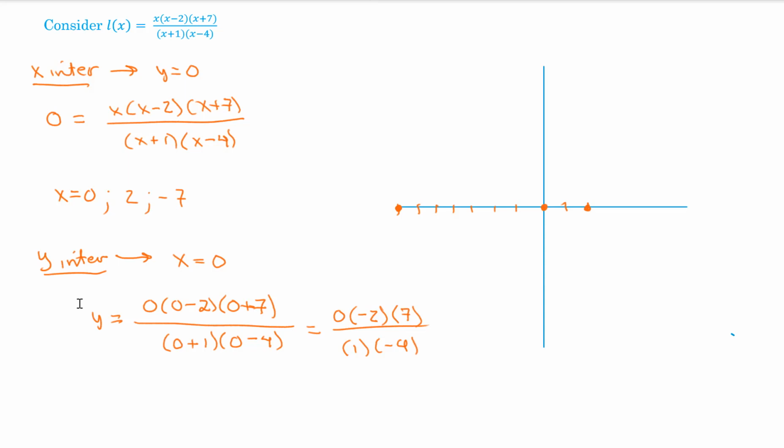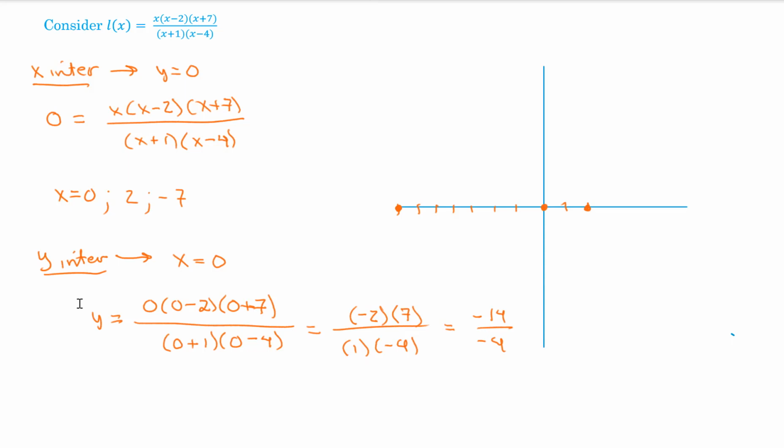I don't have to go too far here because in the numerator, you know what? I've got a 0 right there, which means the y value is going to be 0. If, however, that wasn't there, I could wind up with a negative 14 over a negative 4, which would simplify to be 7/2.